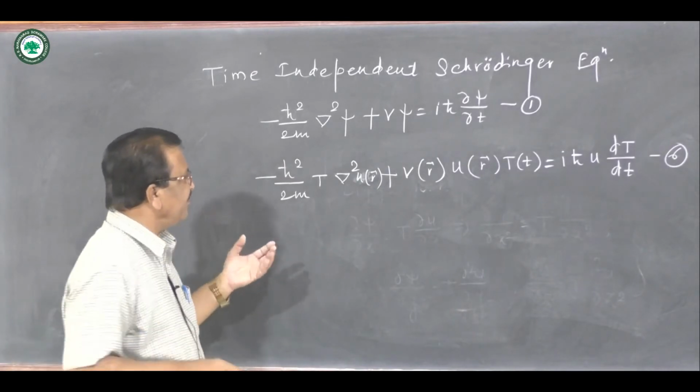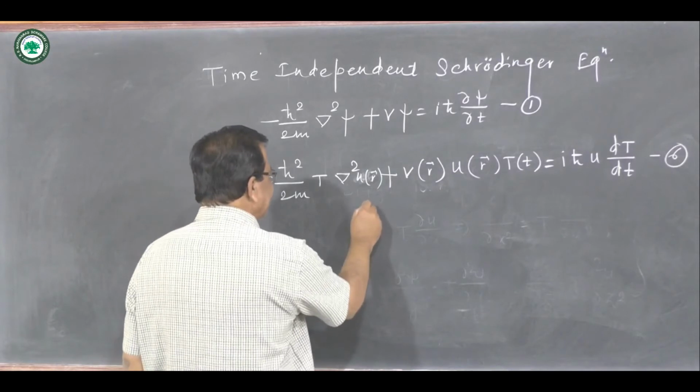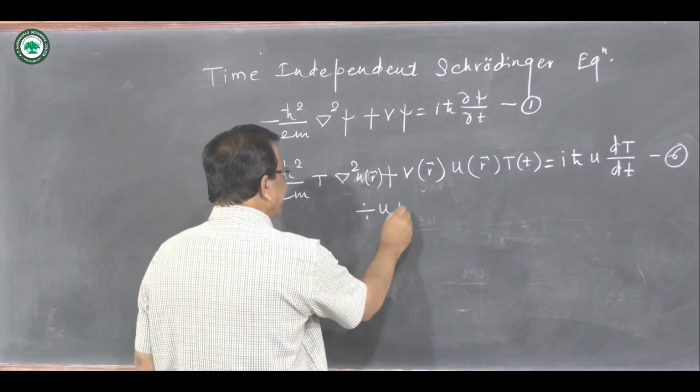So how to simplify this? I will divide this equation throughout by uT.